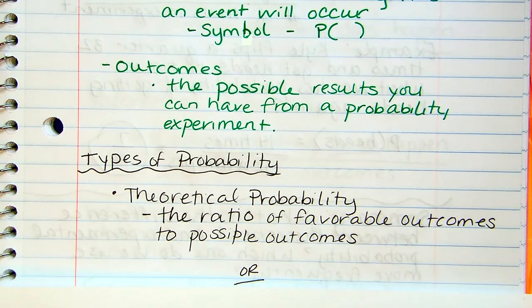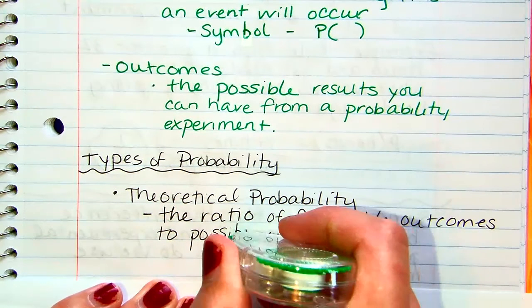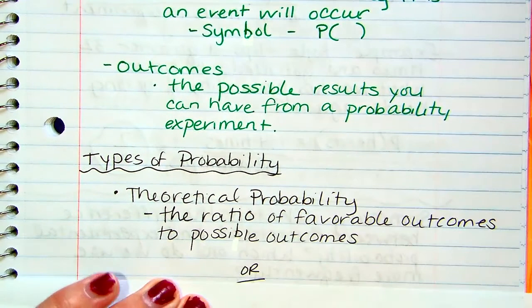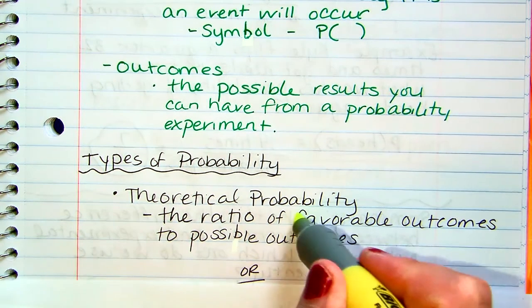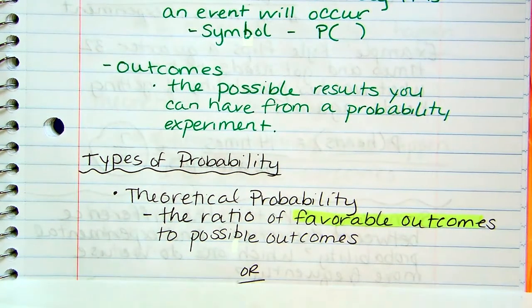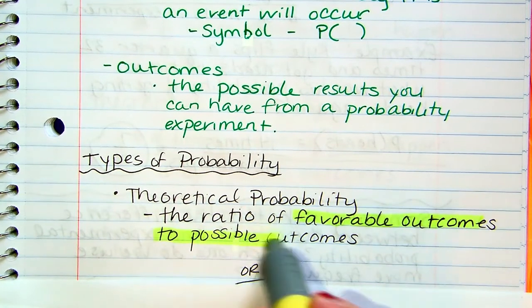Theoretical probability is the ratio of favorable outcomes to possible outcomes. So once again, theoretical probability, the ratio of favorable outcomes to possible outcomes.